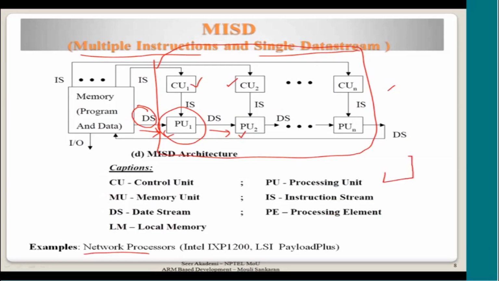assume you have a network router, and there are input packets coming in, and there are so many output ports, maybe many input ports also. Those packets may go into one of them.